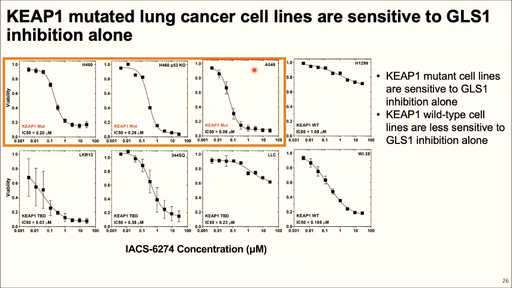On the other hand, the cell line that's KEAP1 wild type is not responsive to the GLS1 inhibitor. Those are mouse cell lines, and we don't know their KEAP1 status, but some of them show some sensitivity, some of them don't. And this is a normal cell line that shows moderate sensitivity to the GLS1 inhibitor.